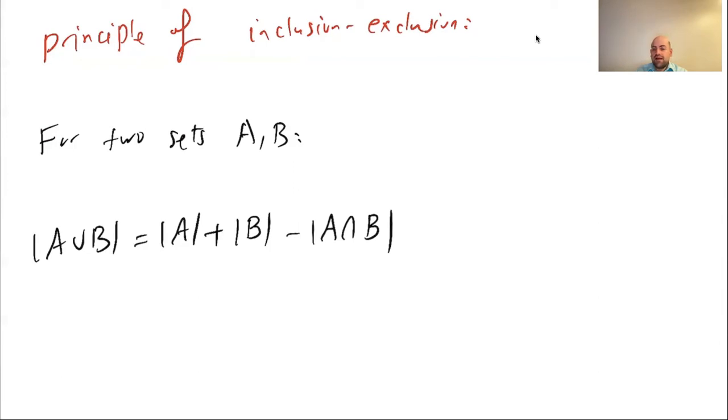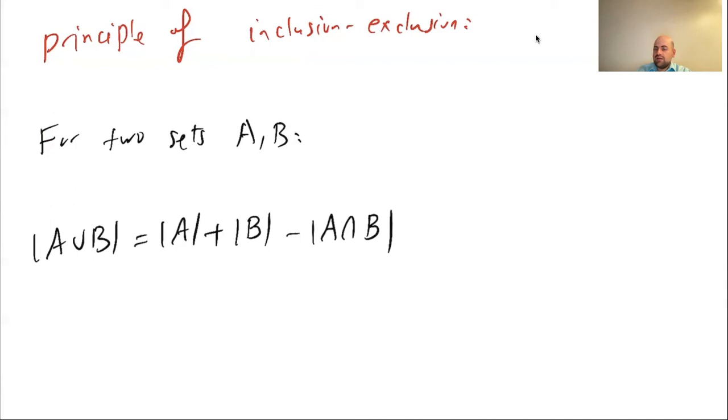But when I add the number of elements in A with the number of elements in B, those common elements will be counted twice, right? One time they will be counted because they are in A. Another time they will be counted because they're in B. So in the left-hand side, A union B, we have to count them only once.